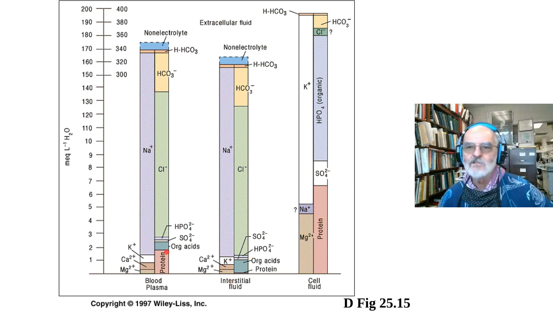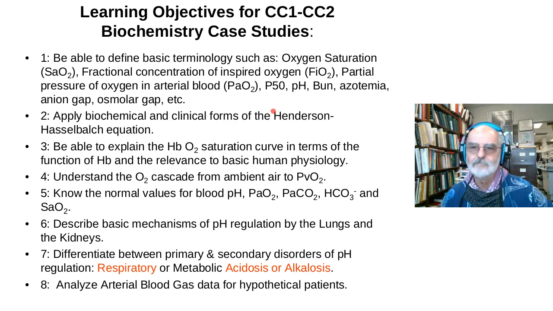There's almost no protein in there, so this whole section is gone. But it's still predominantly sodium, potassium, bicarbonate, chloride. These are in equilibrium with one another, and this is a reservoir of anions and cations that maintain this volume in the bloodstream.